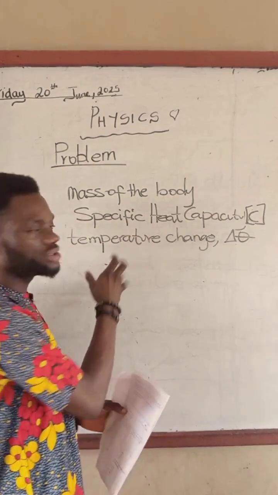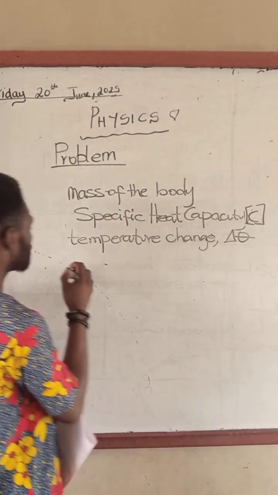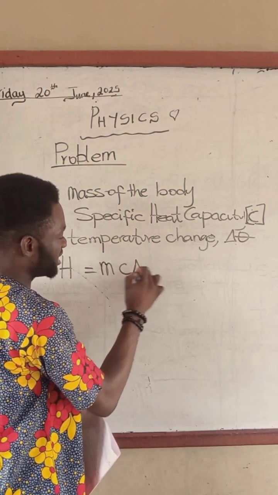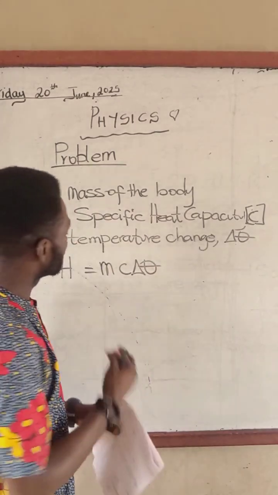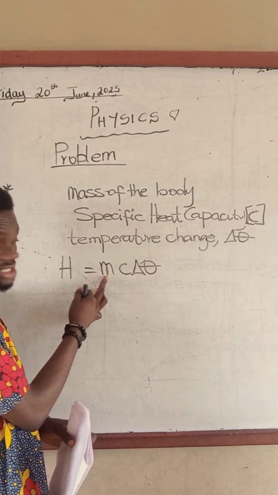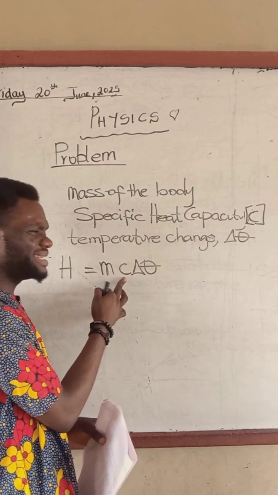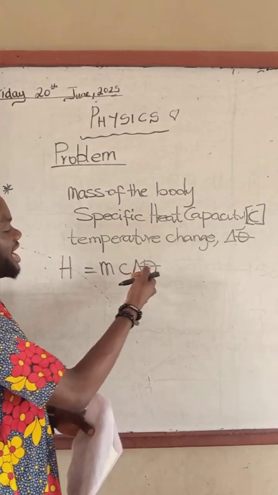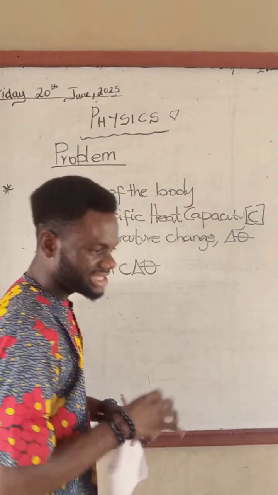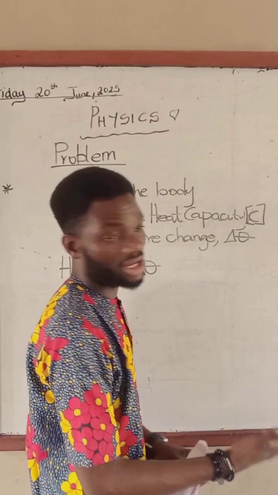That is given as H equals mc delta theta, where m is the mass of the body, c stands for the specific heat capacity of the body, and delta theta is our temperature rise, when the body moves from an initial temperature to a final temperature.